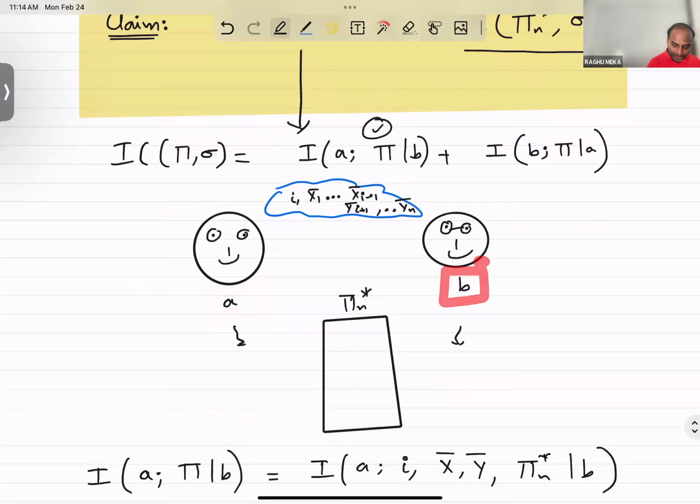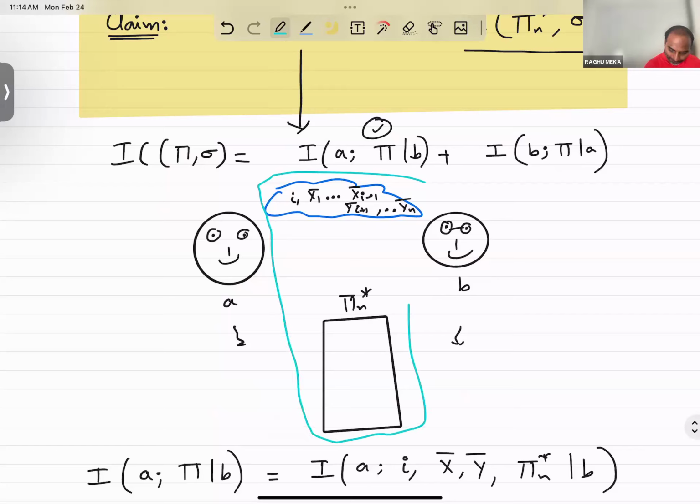And then our whole protocol pi was this thing. Right, so this is pi. So we had to calculate the mutual information between A and the protocol given B. That's what we're doing.